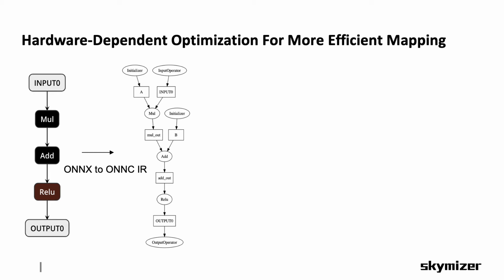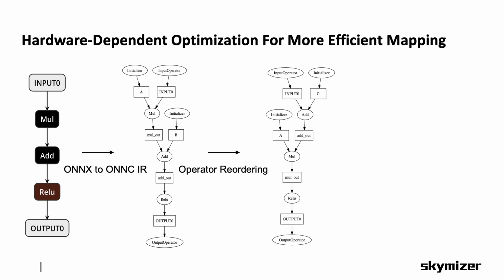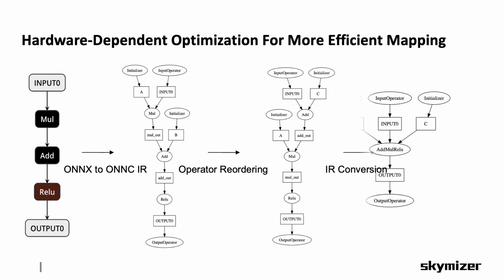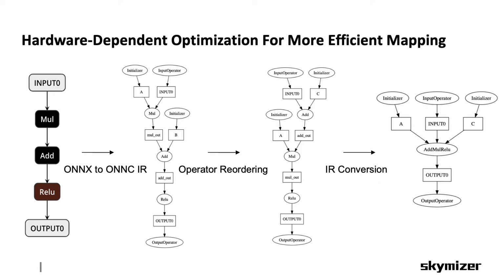Next, we have to search for the mul and add pattern and reorder them to match the execution order of the SDP block design for more compact mapping. Last, after operator reordering, we need to do IR conversion to fuse Add, Mul, and Relu into a single compound IR for more efficient mapping.